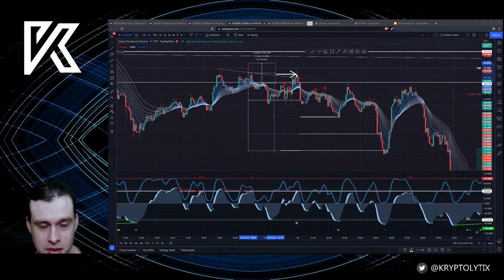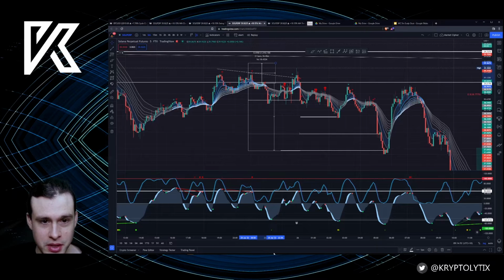But maybe you decide to go in here at the top of the range, and then you have a very good position or entry, and then you get a lot more profit from this particular strategy in this case. But this is just one example. Just remember that there's going to be plenty more examples, and you'll see that it doesn't always pan out this way. But we are looking at a downtrend, so this is a strong entry.